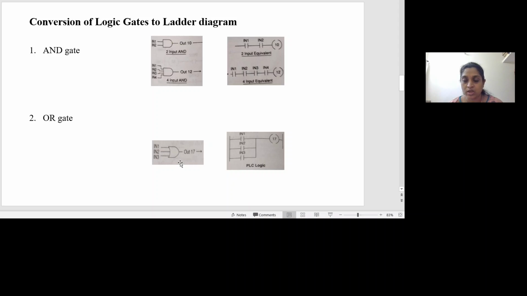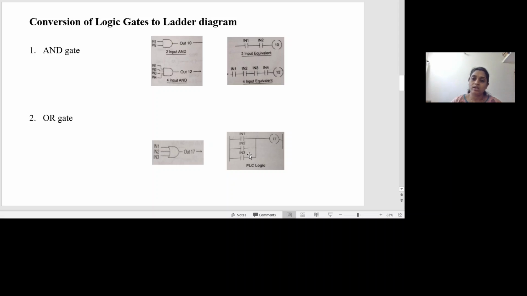So in the ladder diagram, I have taken three contacts, IN1, 2 and 3. These are the three contacts which represent three inputs of the OR gate. And all the contacts are connected in parallel, and then the output coil 17 is connected.